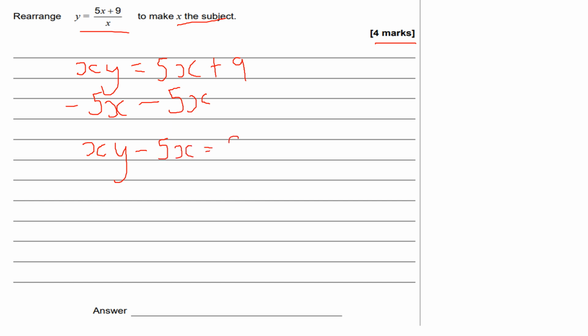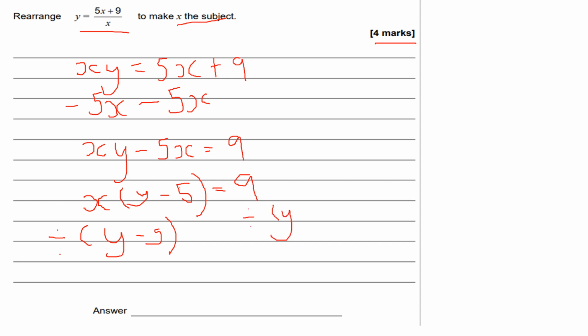I can now factor out an x, so I'm going to have x lots of y minus 5 is equal to the number 9. Dividing both sides of my formula by y minus 5 will isolate and get x by itself.